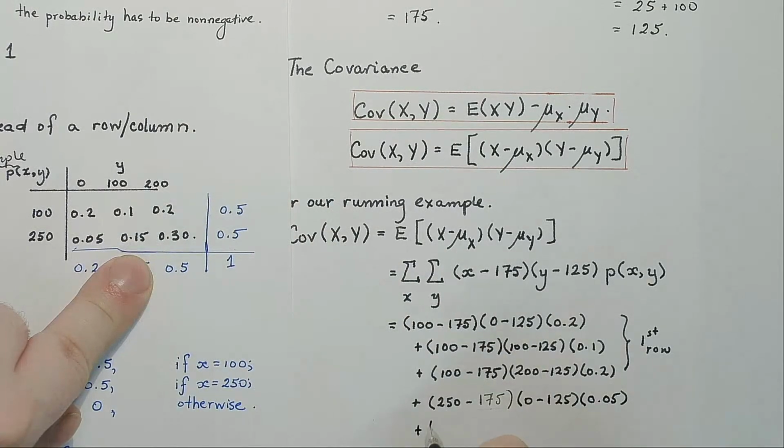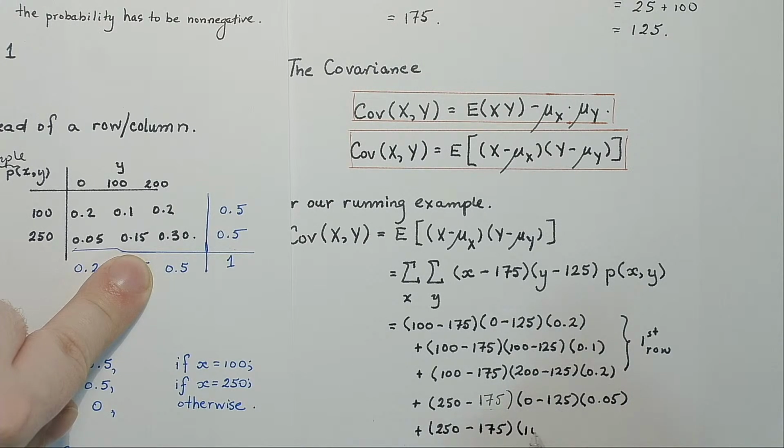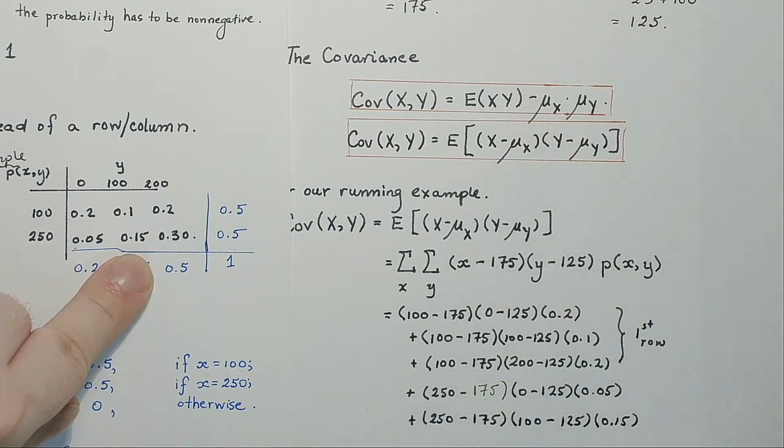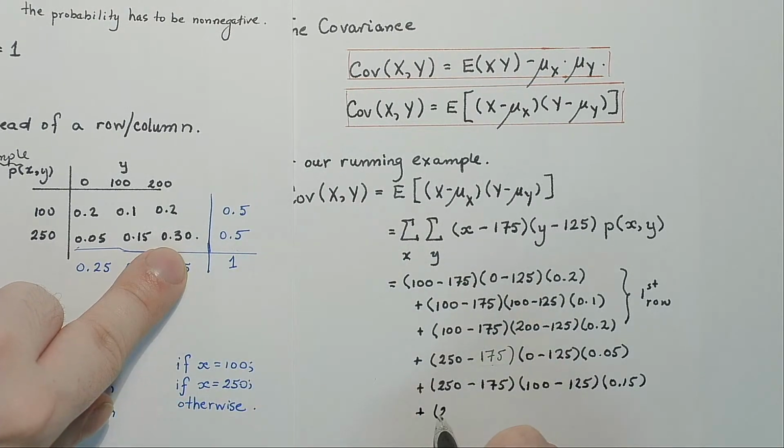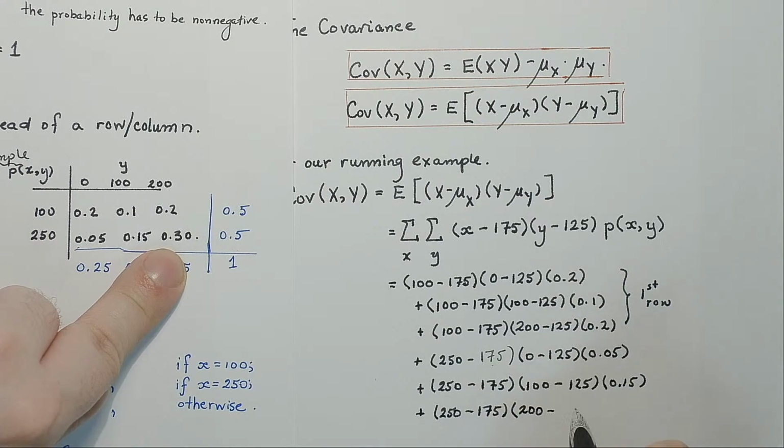So as you can see, I'm just slowly working my way through the table. And the last one, 200 minus 125 times 0.3.